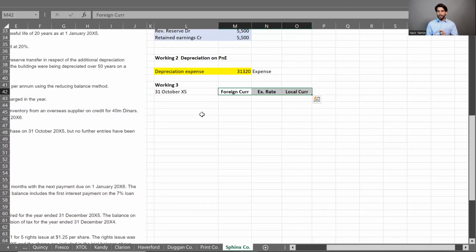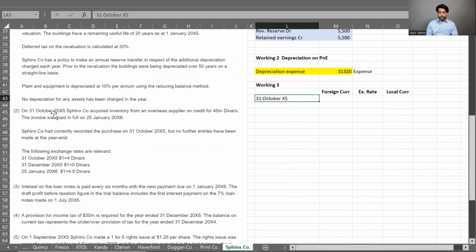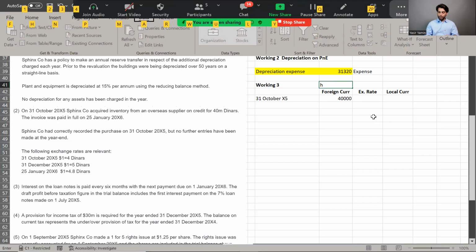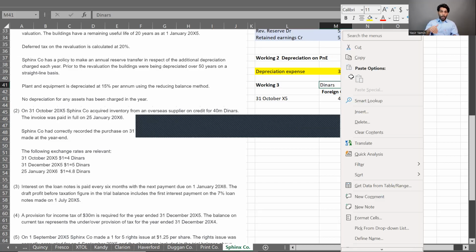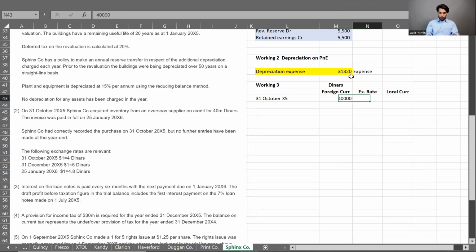Then just try and follow what I'm going to tell you. You see, what happened was that on 31st October X5, you purchased some inventory for 40 million dinars on credit. So 40 million dinars means a foreign currency of 40,000. But you see, you have a functional currency, a local currency of dollars.